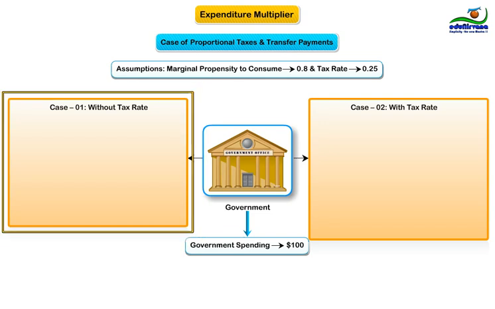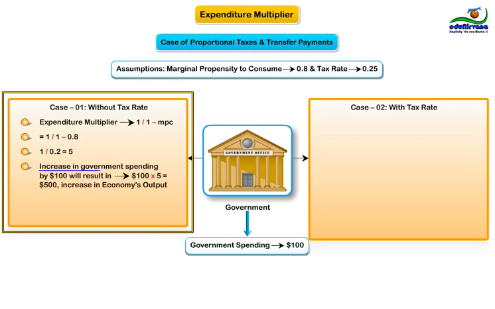In case 1, that is without the tax rate, the expenditure multiplier will be 1 divided by (1 - MPC), that is 1 divided by (1 - 0.8), that is 1 divided by 0.2, which is equal to 5. So a $100 increase in government spending will result in $100 multiplied by 5, which is equal to a $500 increase in the overall output of the economy.